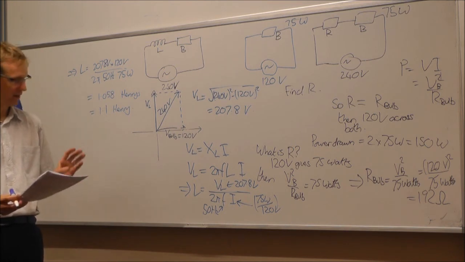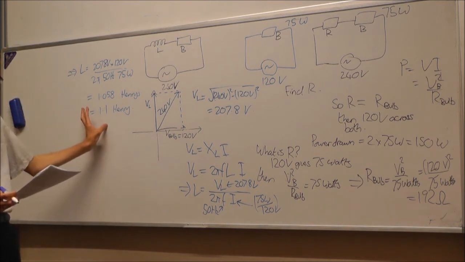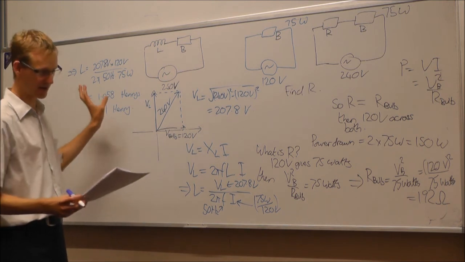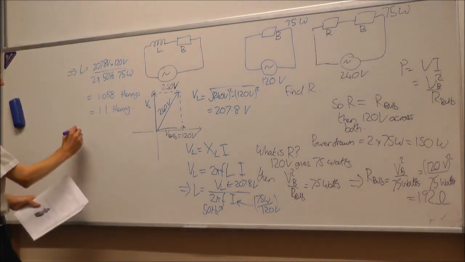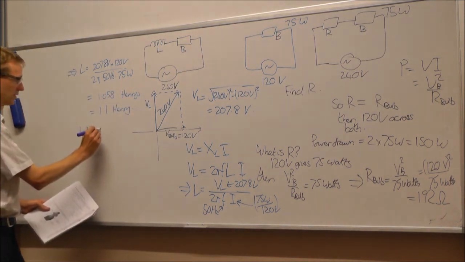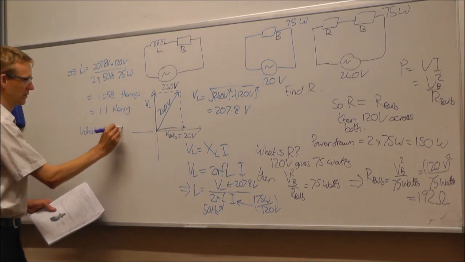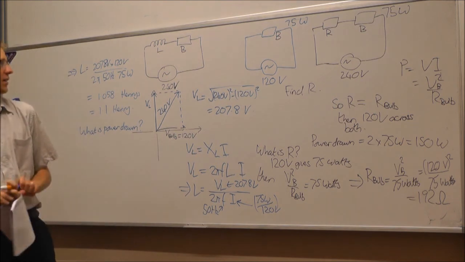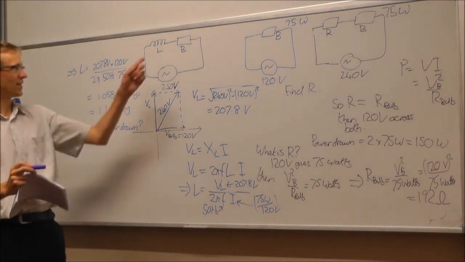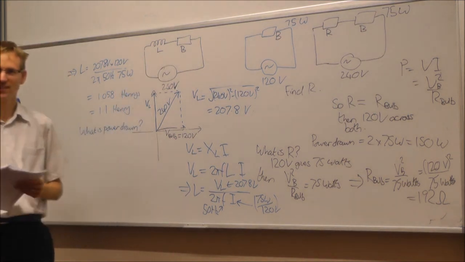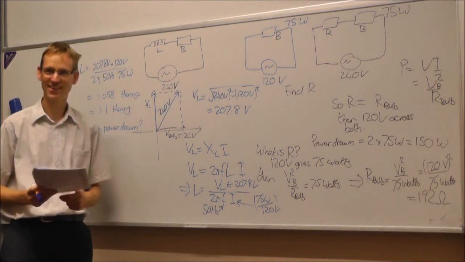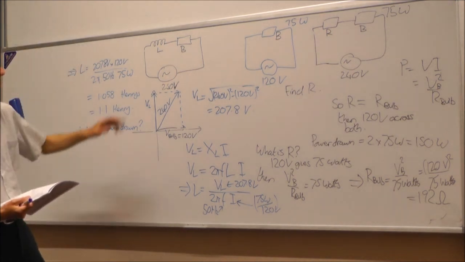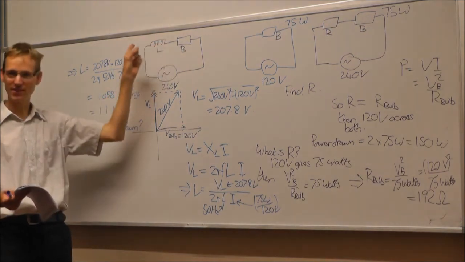Okay, so that's our inductance. And remember that other part of the question, what is the power drawn? Well, how much power gets drawn by an inductor? And the answer to that is nothing. Okay, in reality that will have a bit of resistance to it.